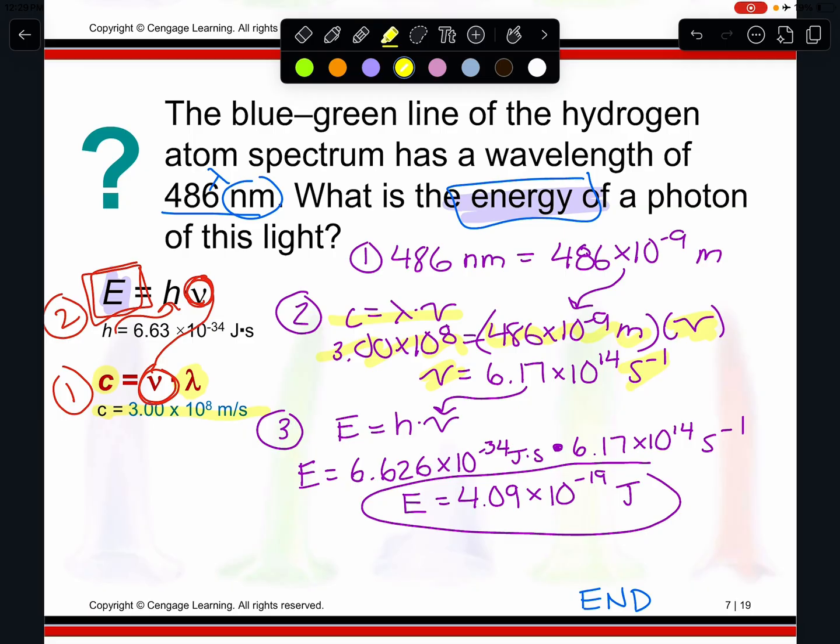I then used my second equation, E equals H times V. And again, I have that H value because it is a constant. I plugged in my frequency, multiplied these two values, and found my answer of energy in joules. Now again, energy is typically on the order of 10 to the negative 19th power, negative 20, sometimes the negative 18th.